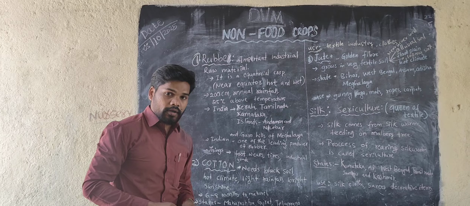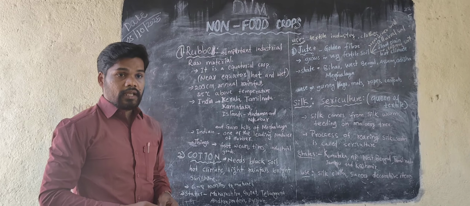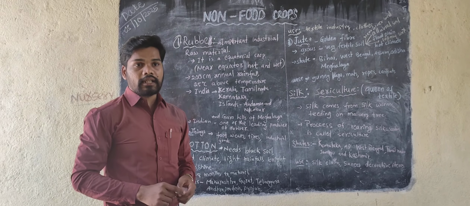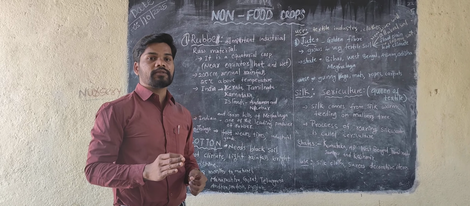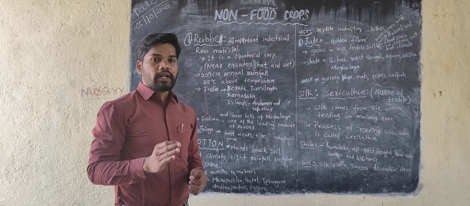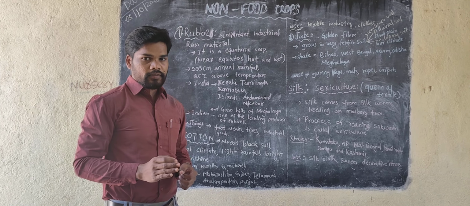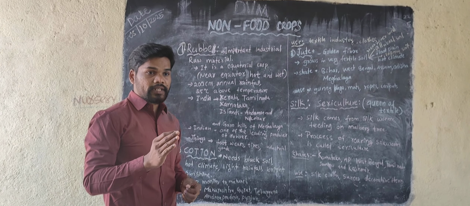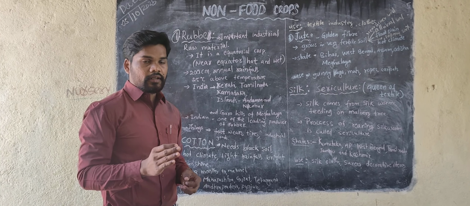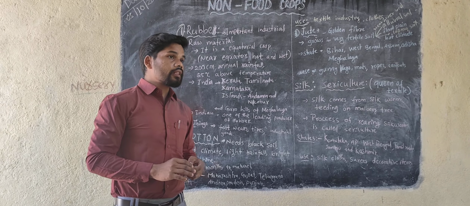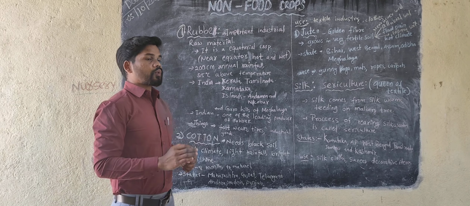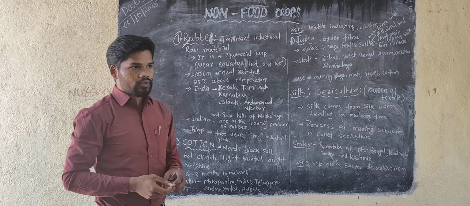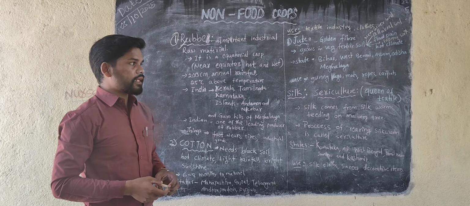Now when we talk about equatorial places, let us try to understand the climate of that place. Usually in equatorial places the climate is very hot as well as heavy rainfall. So in those areas we will find evergreen forest, and in those areas rubber plantation takes place.